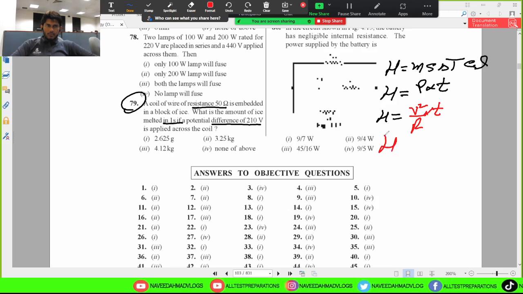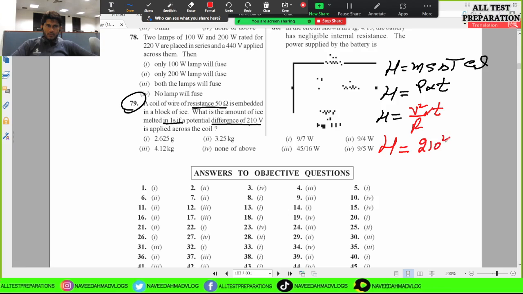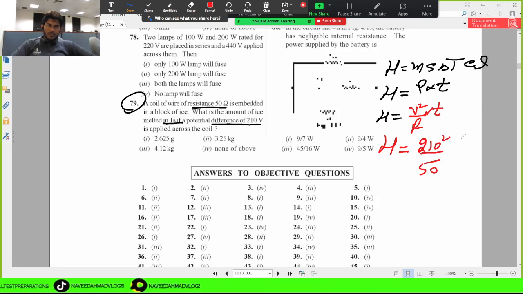So H will be equal to 210 volt square divided by R, which is 50, and time is 1 second.